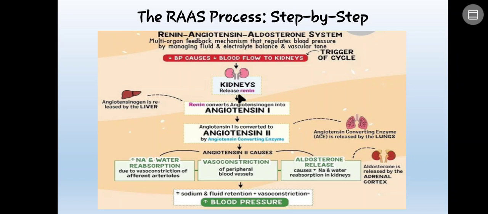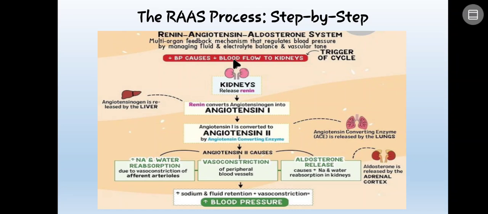The renin is released by the juxtaglomerular cells, but what will stimulate those cells to release the renin is three processes. One, the baroreceptors in the afferent arterioles. Two, the sodium detection cells in the distal convoluted tubule. And three, the sympathetic nervous system.